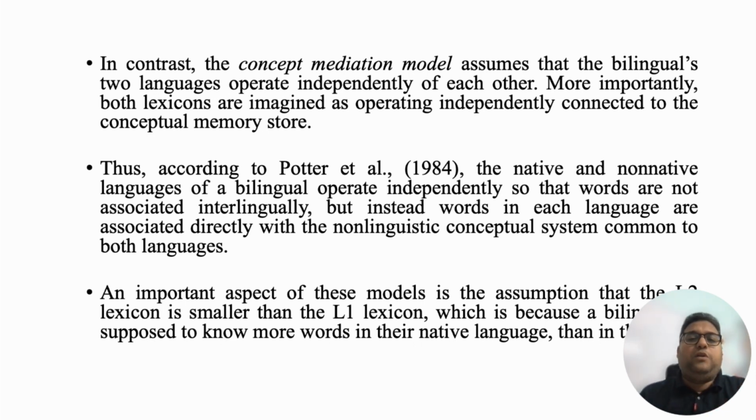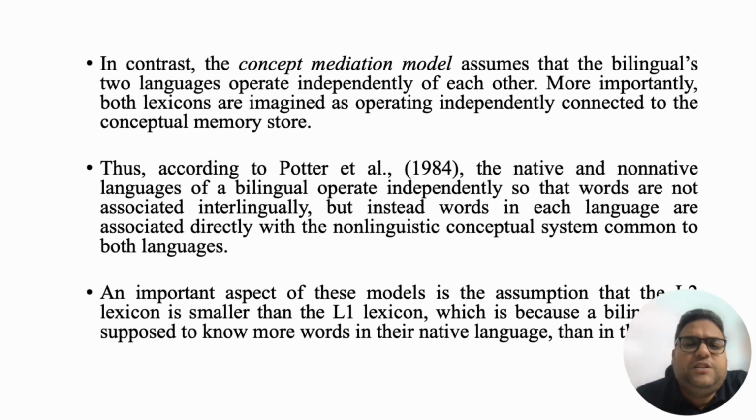According to Potter and colleagues, the native and non-native languages of a bilingual would operate independently so that words are not associated interlingually; translation equivalents are not connected to each other, but instead words in each language are associated directly with the non-linguistic conceptual system, which can link the words from both languages if the signified is one and there are two signifiers.